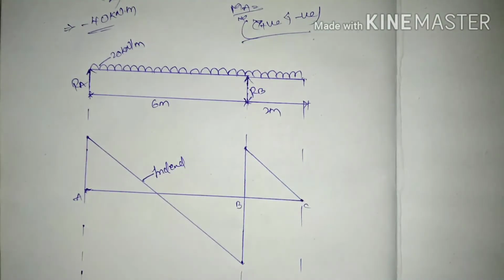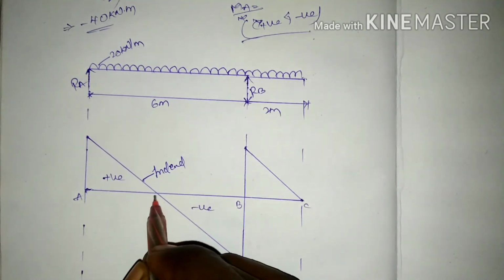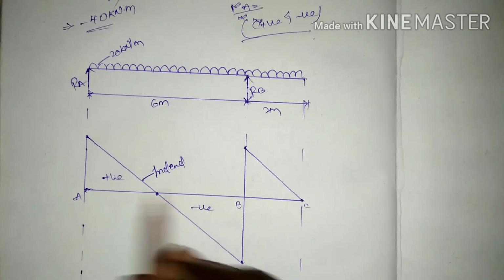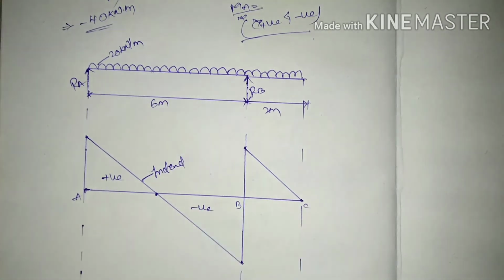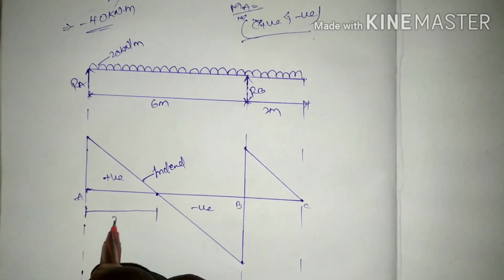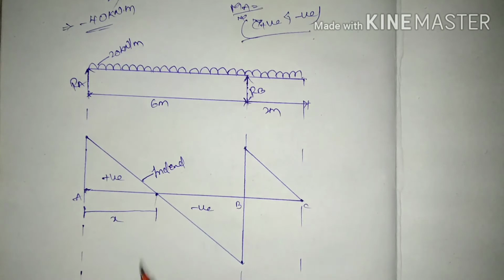Here the shear force is 0 at a point somewhere between A and B. We don't know the exact distances from A and from B where it becomes 0.